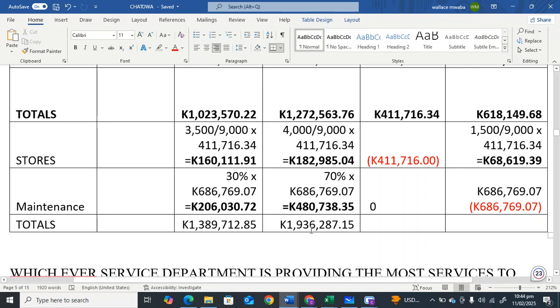You should get something close to 480,738.35, or a similar value. And as I said, when you reapportion, always add a negative value of the overhead so that you remain with zero.